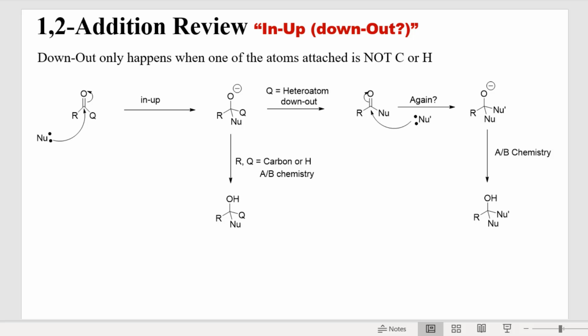And because R and Q at the beginning were both carbons and or hydrogens, we tended to go straight down and work it up and end at our alcohol, right? This is when the nucleophile is something like a Grignard or a hydride, right? We end up down at the first stop. At the moment now, in this chapter, Q is not a carbon or a hydrogen.